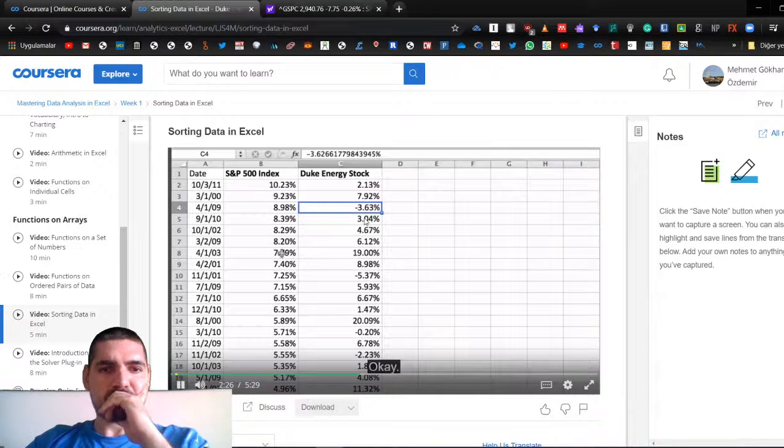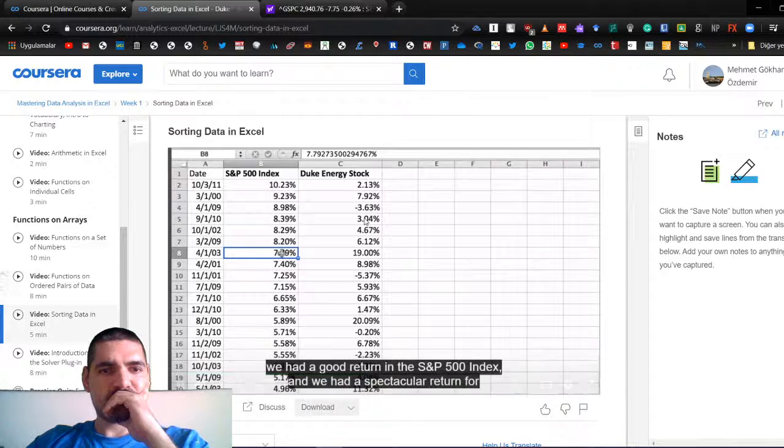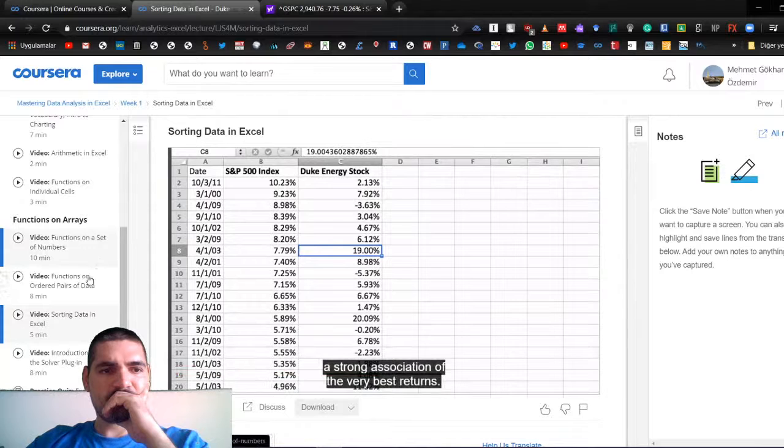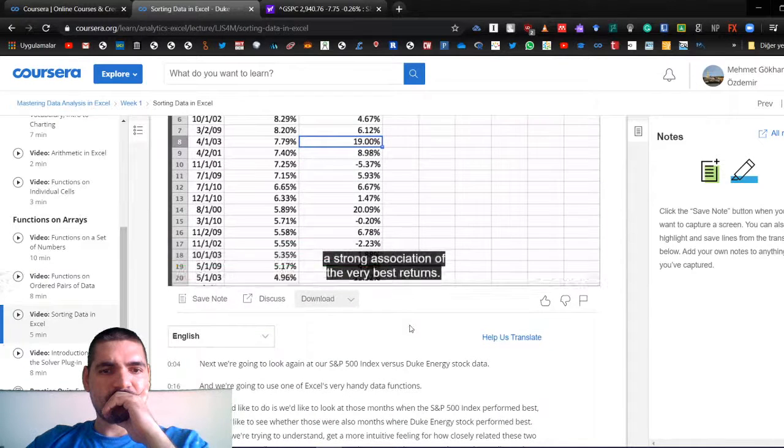In April of 2003, we had a good return in the S&P 500 index, and we had a spectacular return for Duke Energy stock. So it's pretty apparent looking at these that there is not a strong association of the very best returns.